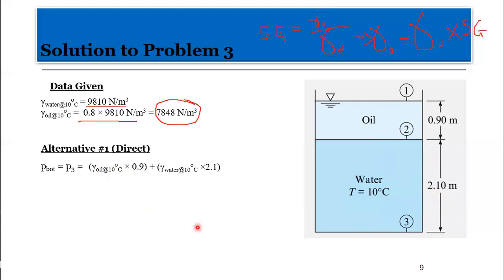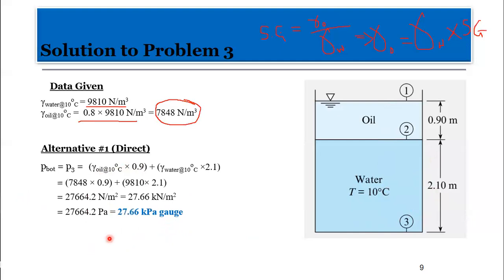So if we use this, at the end of the day, we end up having this, just upon substitution, which will finally give us this, and upon simplification, we have 27.66 kilopascal. That's a gauge value, okay?